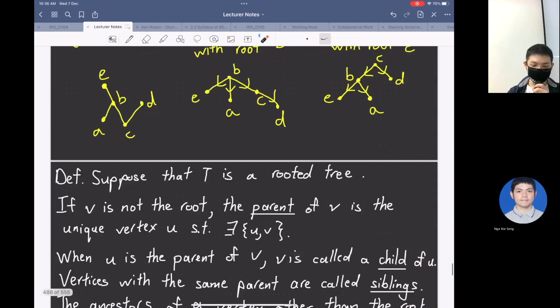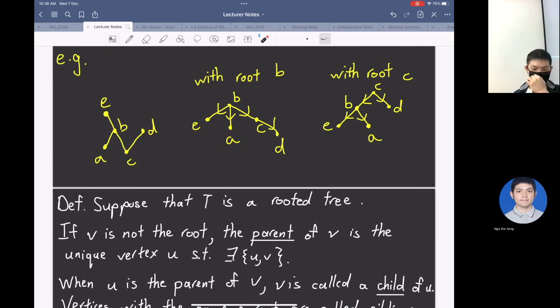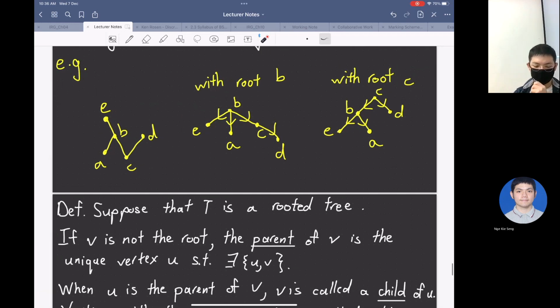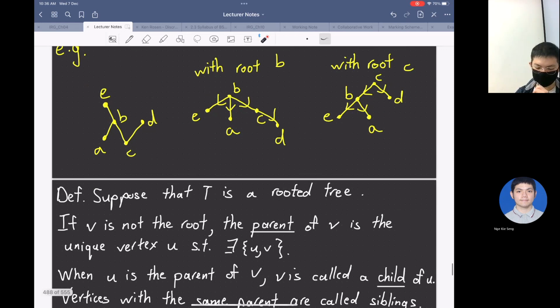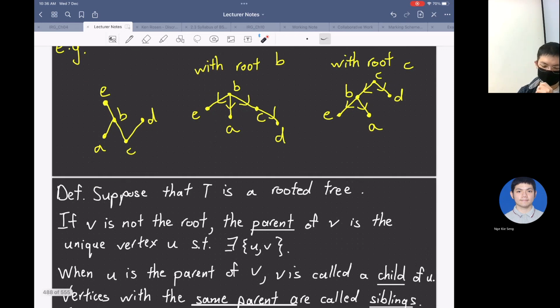Okay, next, there's some terminology here. This tree is like your, what's the word? Genealogy. So we will use terminology from genealogy. If it is not a root, we'll call a parent of a vertex the unique vertex that connects to it.